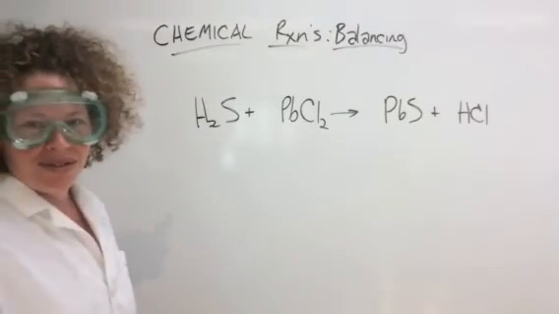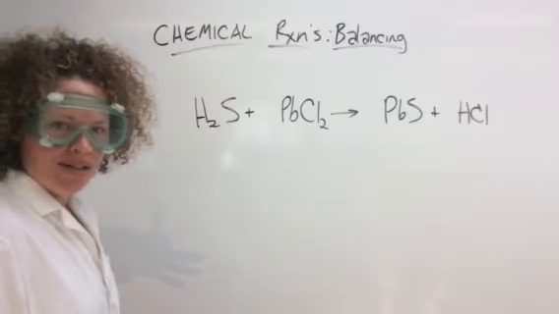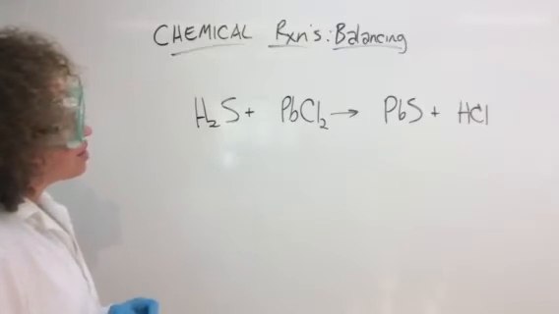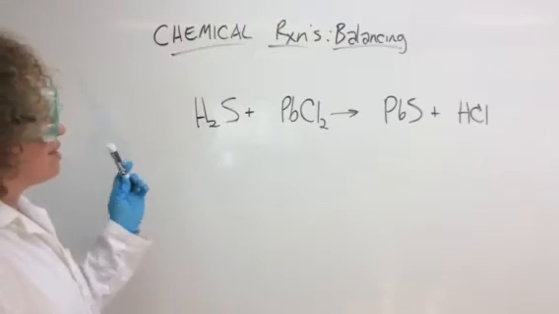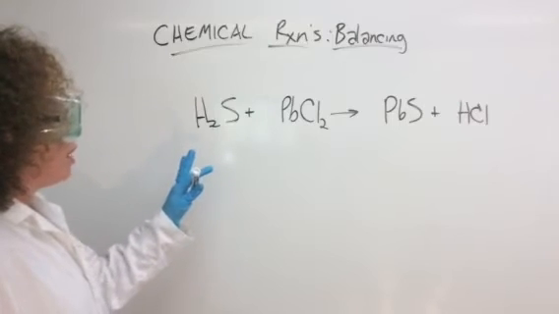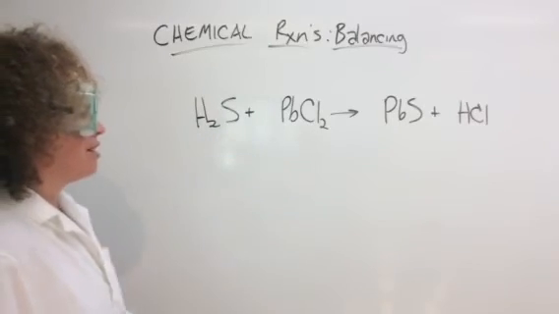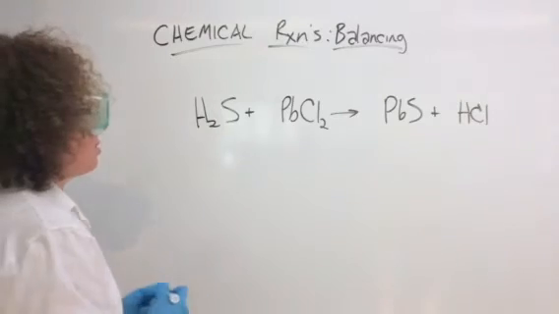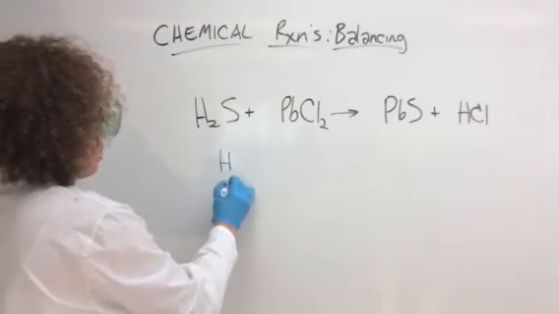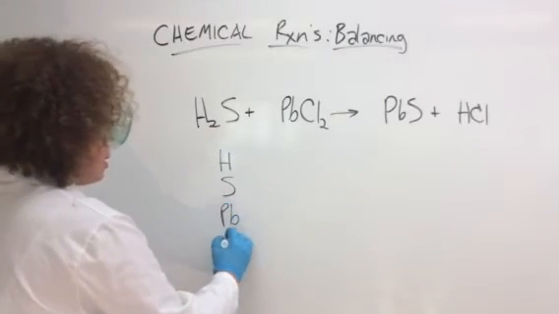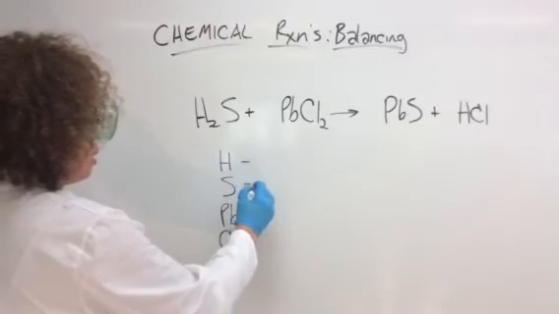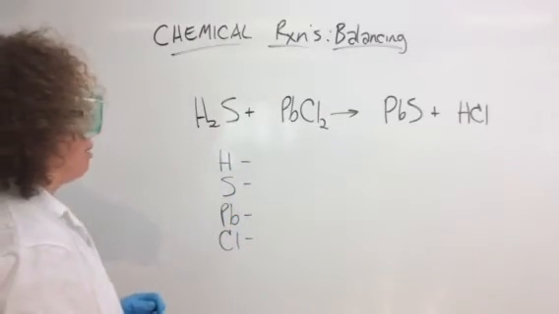But all we have to do is look at it on paper and balance it out. So what we want to do is look at it and see if we have the same number of atoms on this side as we have on that side. The first thing we want to do is just identify which atoms we have present. So I'm going to list them all. And then I'm going to see how many of them I have on this side.